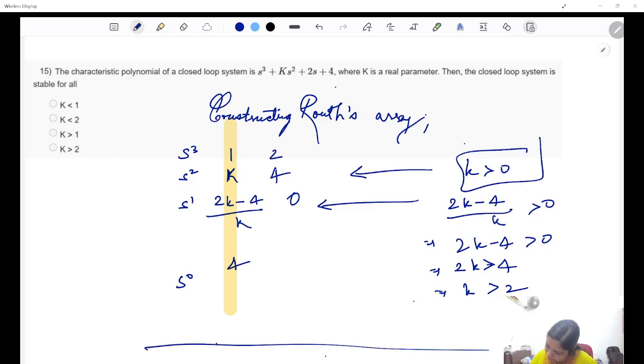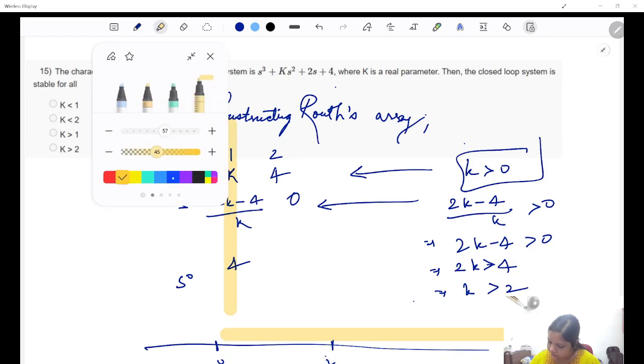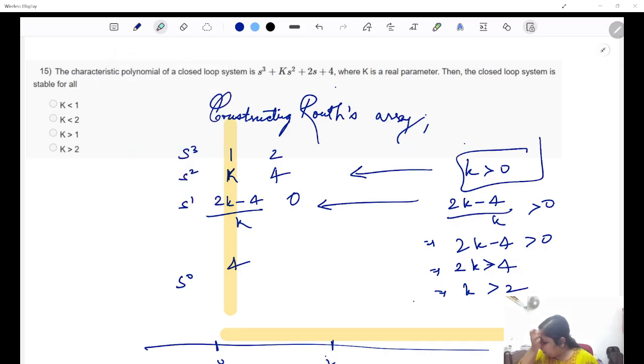This is a line, this is 0, this is 2. And from the second condition you get k greater than 2. So this is the intersection of both the conditions, right? So the correct answer is k should be greater than 2.